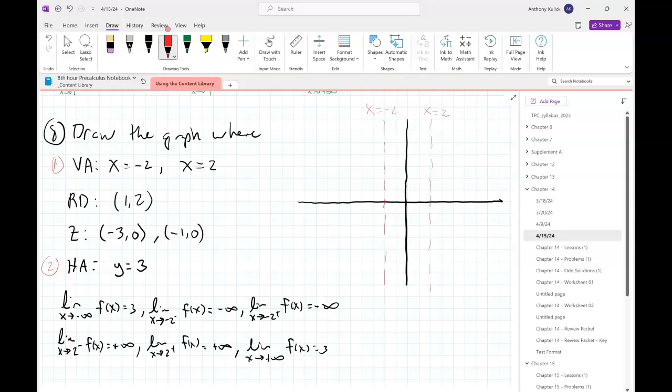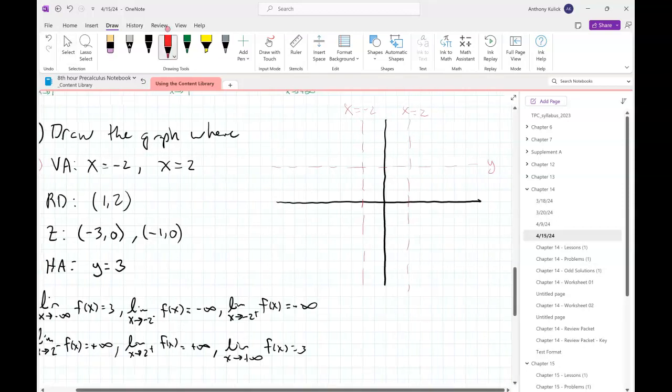I think it maybe goes without saying to make sure that you're drawing the vertical stuff vertical and the horizontal stuff horizontal, but I'll say it because sometimes that gets confused.